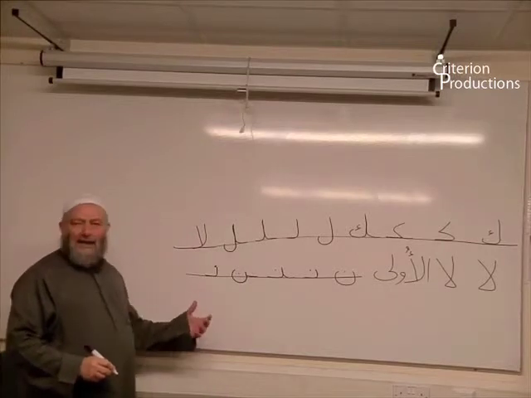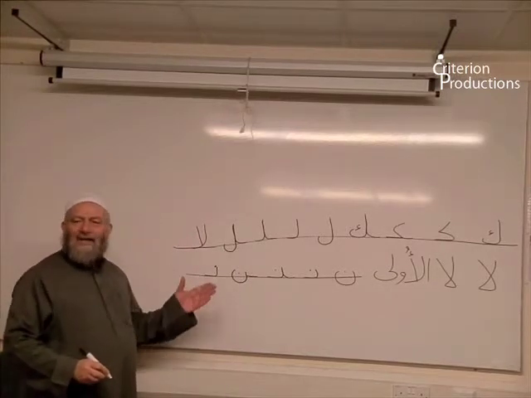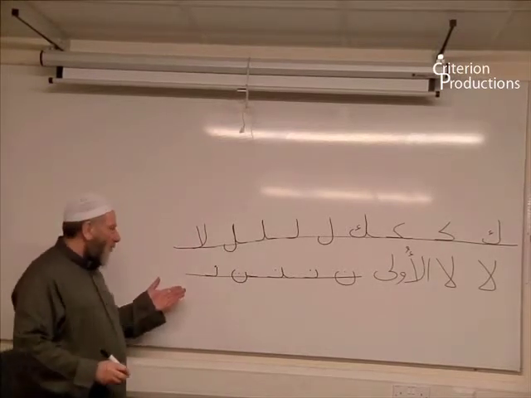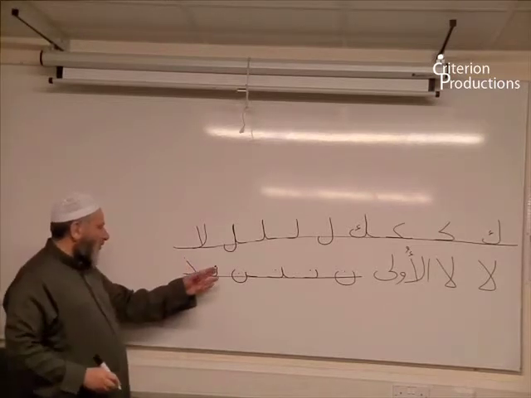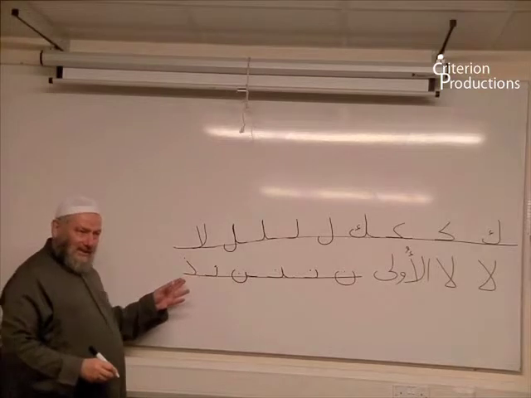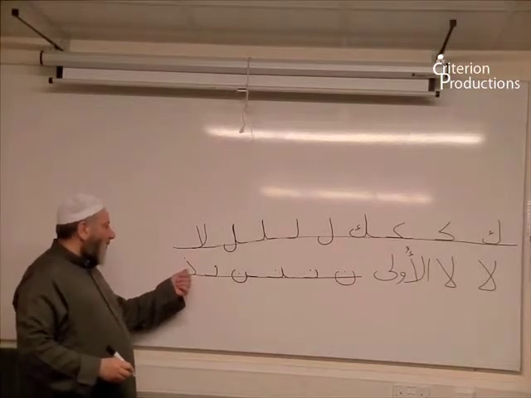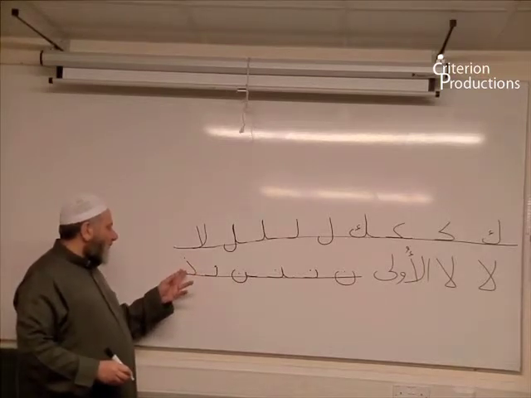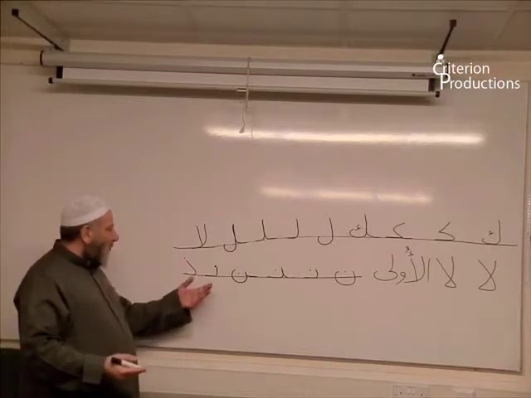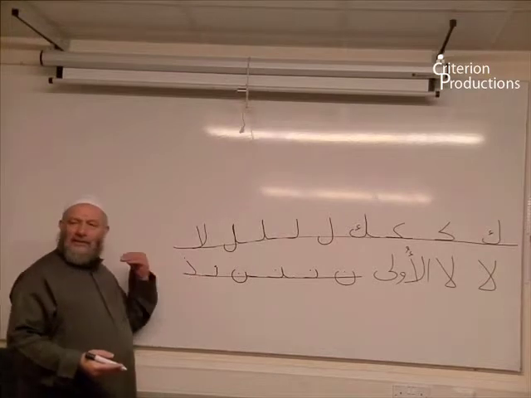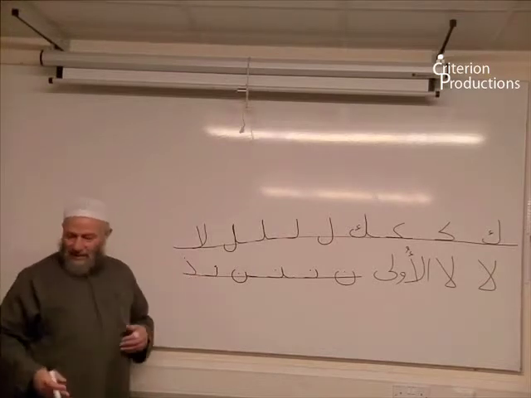So again, the same rule: the dal is an unjoined letter. Also the dal is not straight. So the noon should be straight, is number one. Number two, the dal is an unjoined letter. So you join it from the right, but you will not find the dal joined to the next letter.